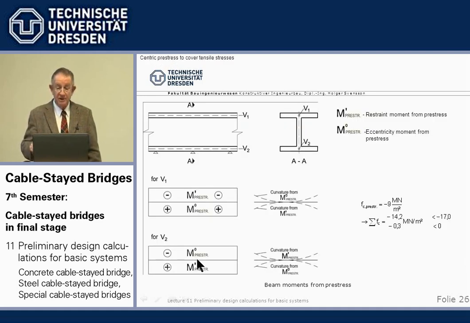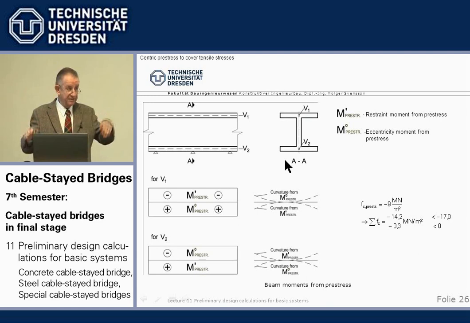Now we like to put in pre-stress to overcome this tension, so there is only compression. And you remember from an earlier lecture, if we post-tension a cable-stayed beam with straight tendons, then the eccentricity moments and the restraint moments balance one another, and all what remains is central compression.